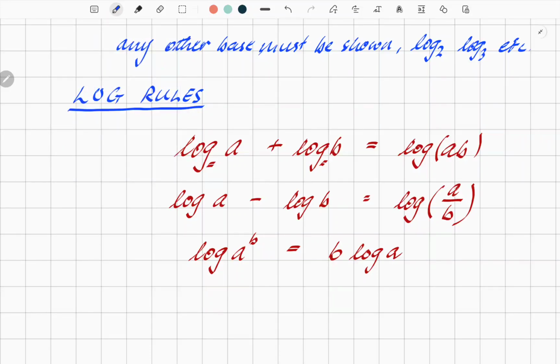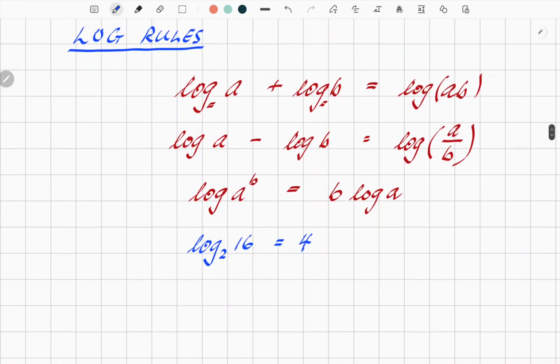Okay. So imagine you've got log 2, all right, of 16, all right? We know that that is what power? 2 to what power? 4, yeah, right? So 4th power. What if we wrote that, right, as log 2 of 4 squared?